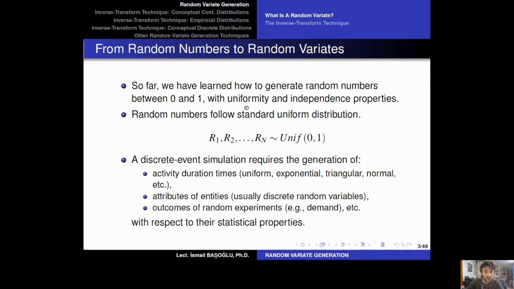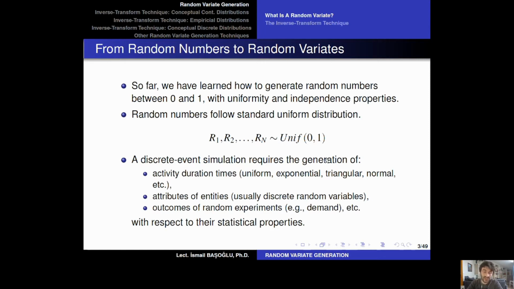So according to the uniformity property, what we know is a random number in a random number sequence follows the properties of a random variable, which is supposed to be distributed uniformly between 0 and 1 and continuously, right? So all of these random numbers follow the uniform distribution between 0 and 1.